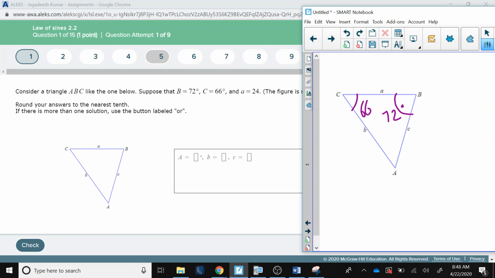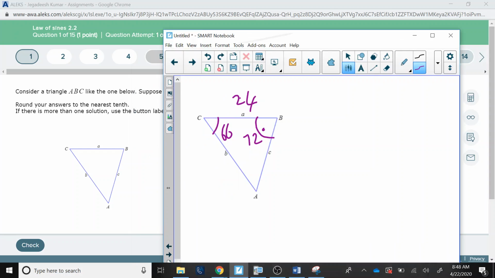And A is 24. So in this kind of question, if the capital letters are given, that corresponds to the angle, and the small letters correspond to the lengths of sides. Now the question is: solve the triangle.